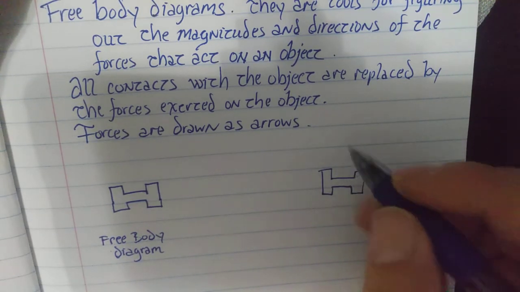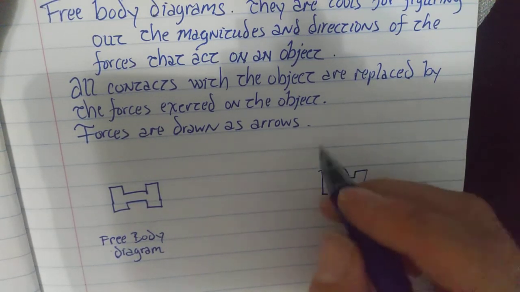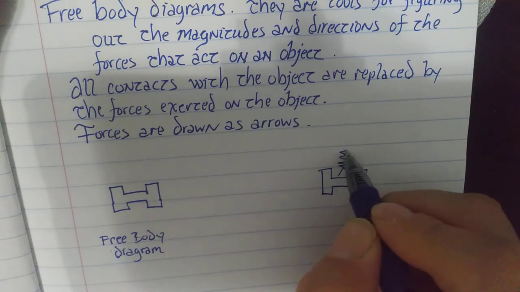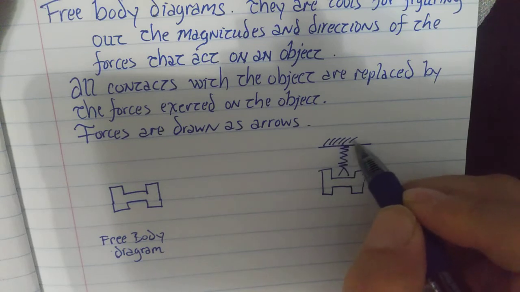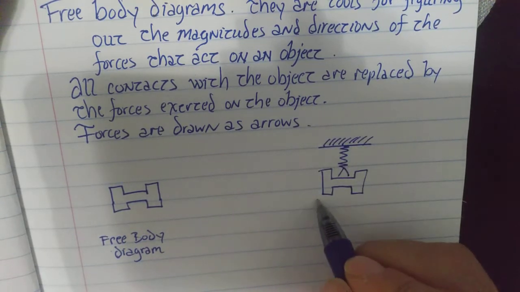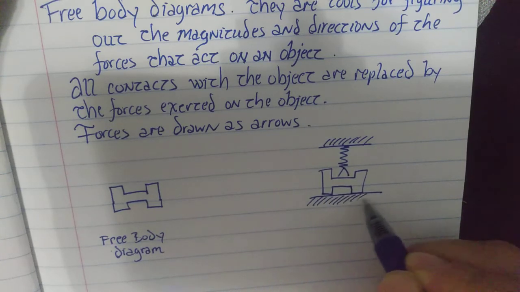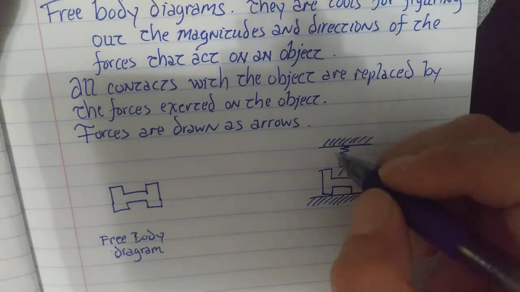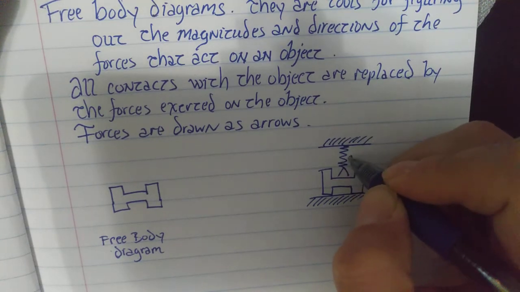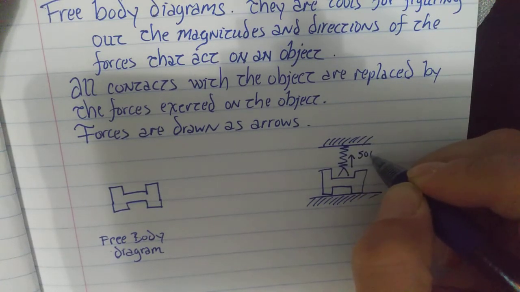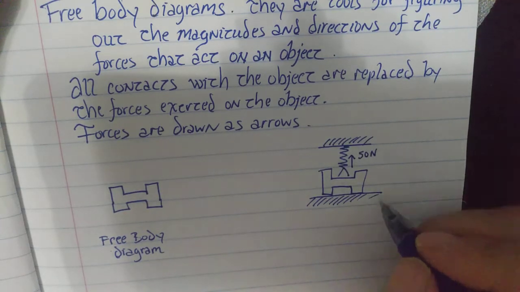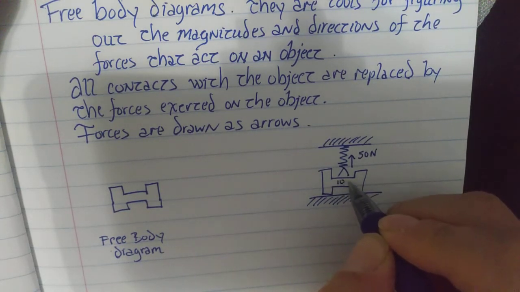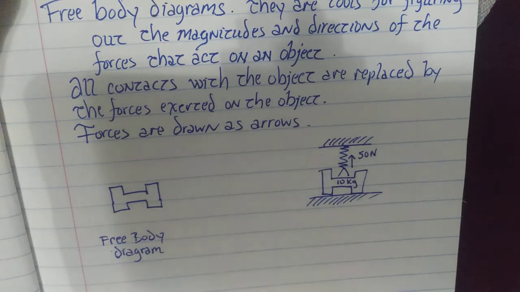We've got some crazy contraption. We've got a spring, and it's on the ceiling. And this thing is also on the ground. This has a force of 50 newtons going up. And then the mass of this thing is 10 kilograms.